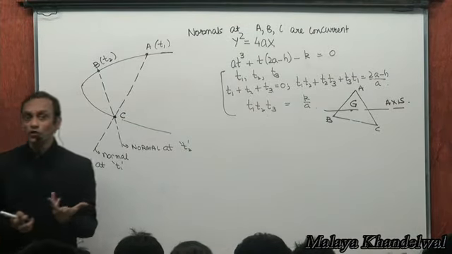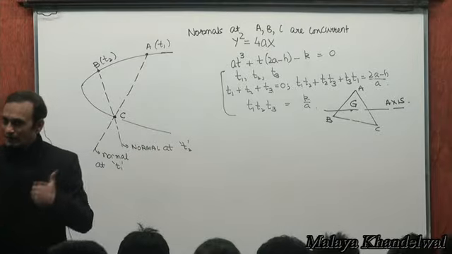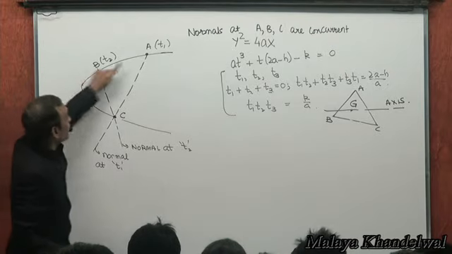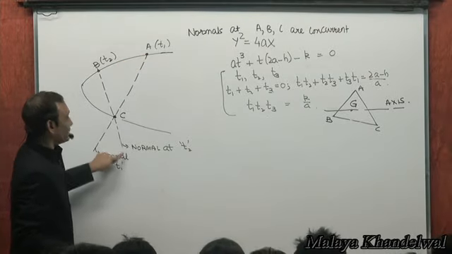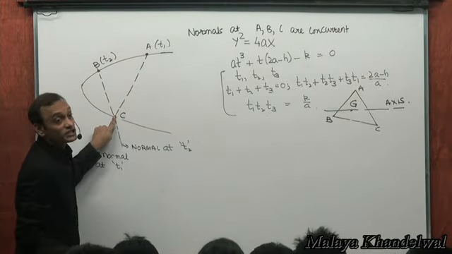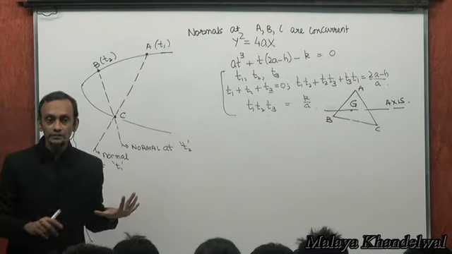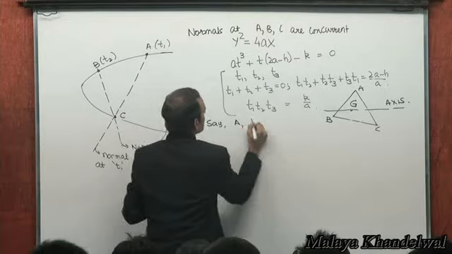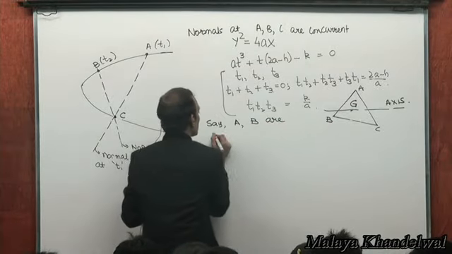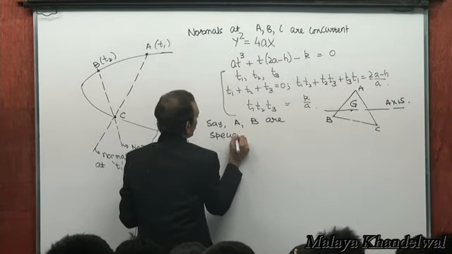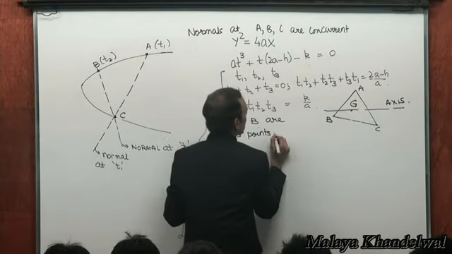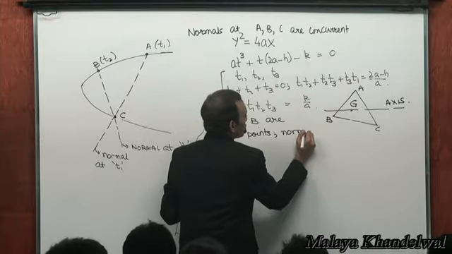So there are two special points on the parabola. I have a point A and I have a point B. And I draw a normal at A and I draw a normal at B. And I find that these normals intersect on the parabola. Right? So say A, B are special points. What's special about these points?